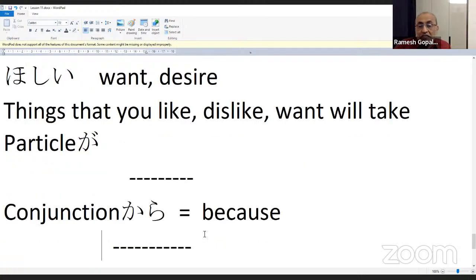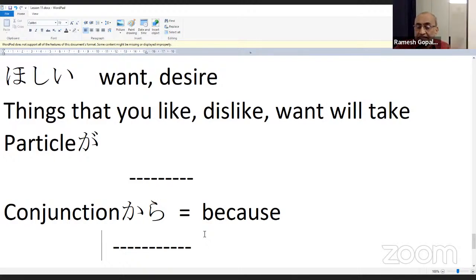Now, you have seen kara and made. Kara means from, made is to. But there's another kara. Now, how will you know? From the context, you will know where to use it. So, kara is a conjunction. When it is a conjunction, it means because.